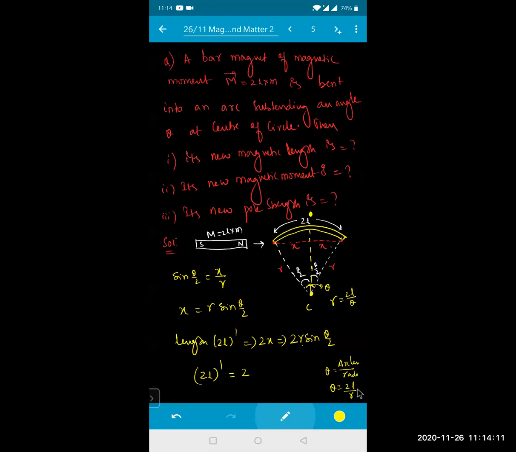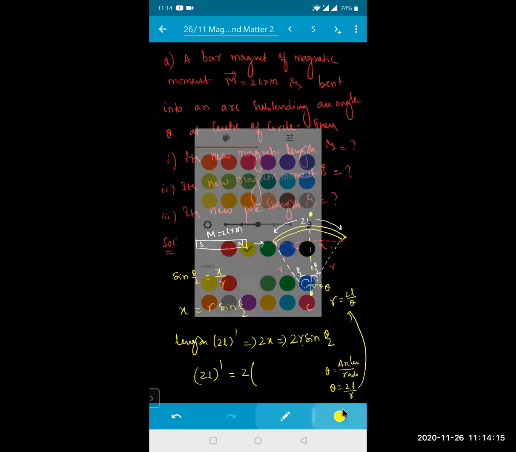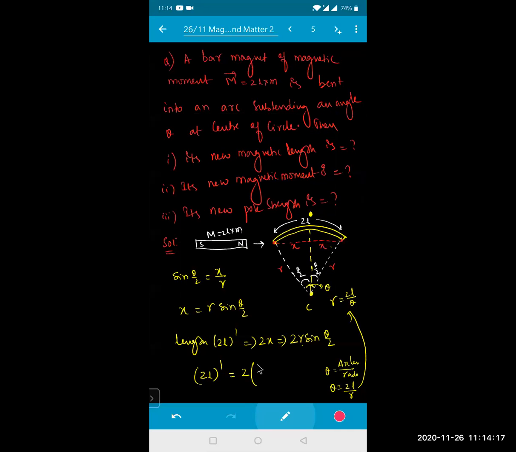So that value only I am writing here, right? So in the place of r, I am writing this value as 2l by theta into sin theta by 2. Okay? Now simplify చేయండి, ఎంత అవుతుంది? So this is 2 into 2, that is nothing but 4. So it is 4l sin theta by 2 divided by theta. Theta should be taken in terms of radians.